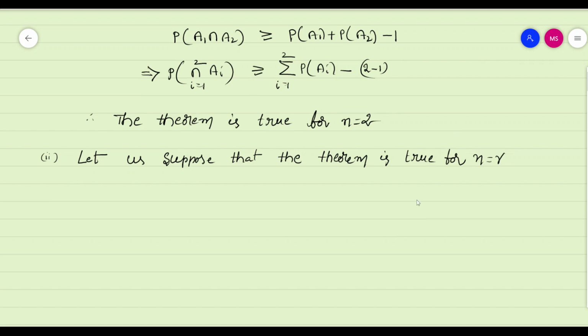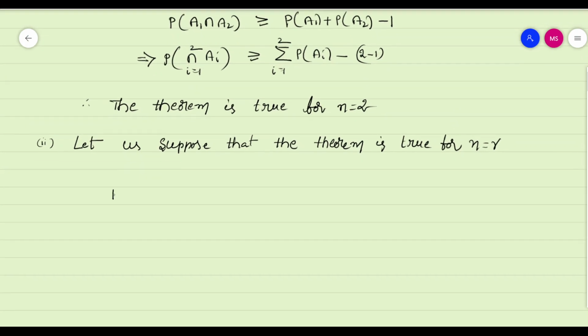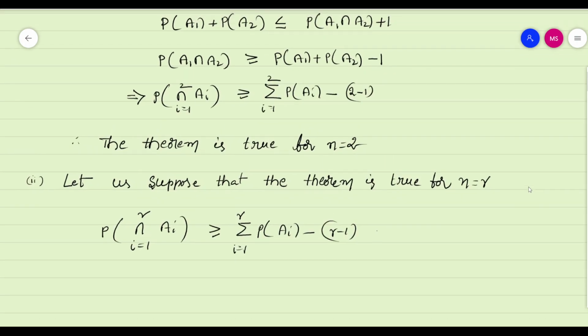So in the statement, in place of n, write r: P of intersection i running from 1 to r of Ai is greater than or equal to summation i running from 1 to r P of Ai minus (r minus 1). This is equation number 1, and the union statement is equation number 2.